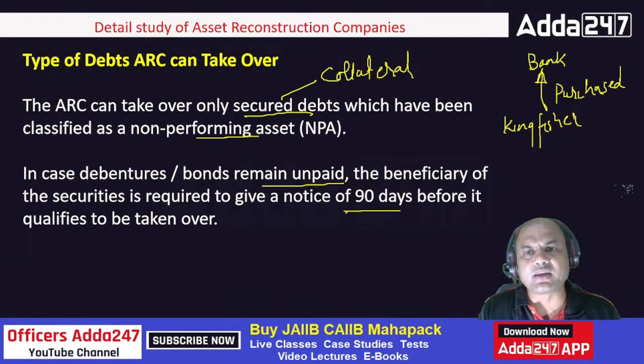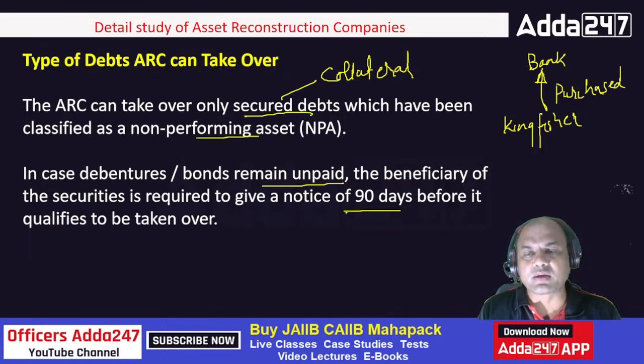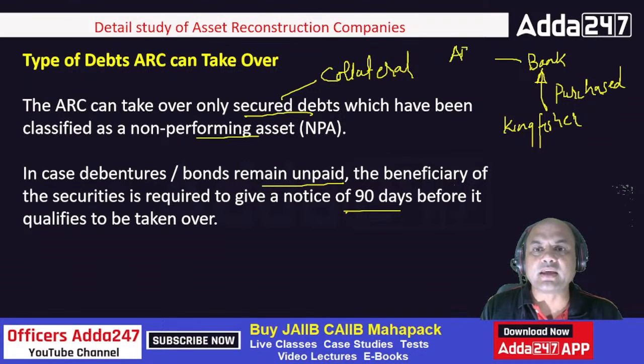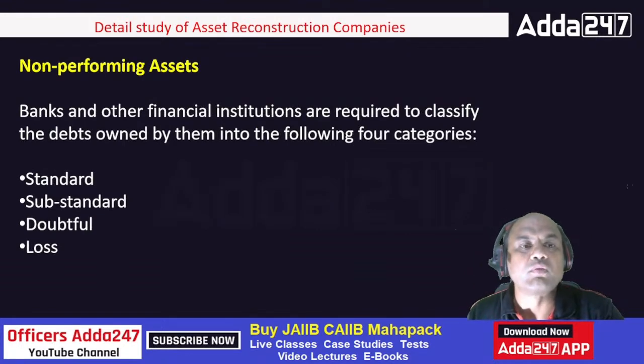It's a sort of FD; the bank had purchased this FD from Kingfisher Airlines. If the company is unable to repay this bond within a period of 90 days, it becomes an NPA, and then the bank can sell it to the ARC, and the ARC can recover it from the customer.